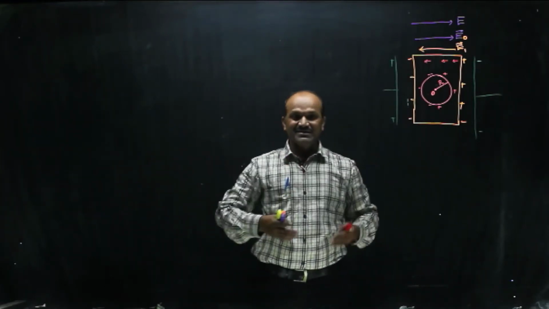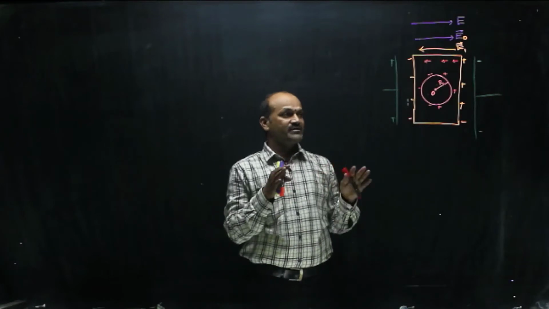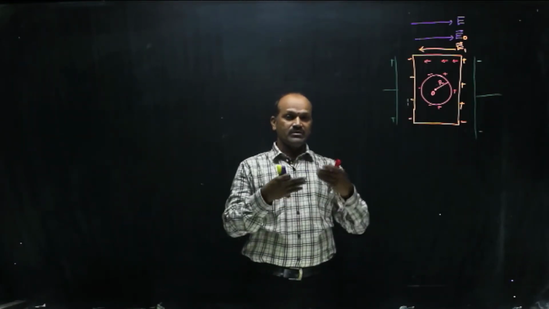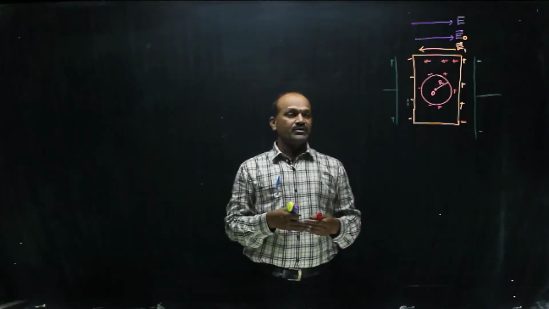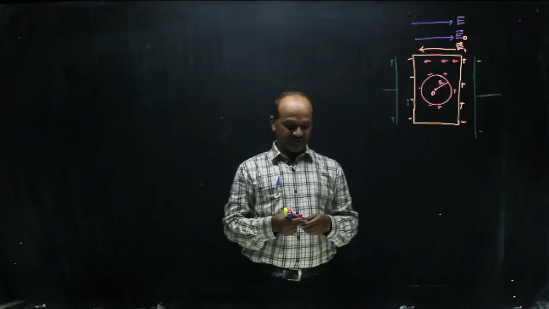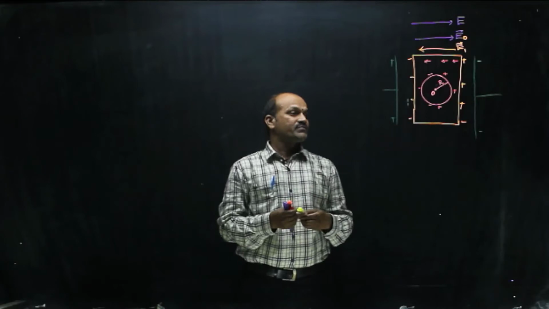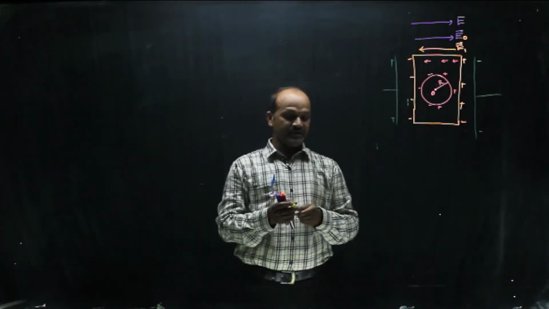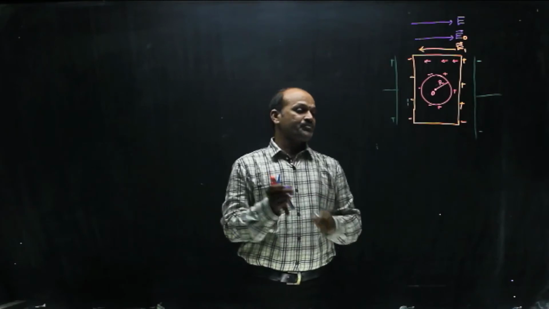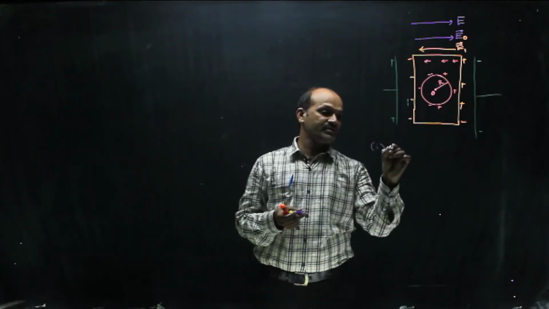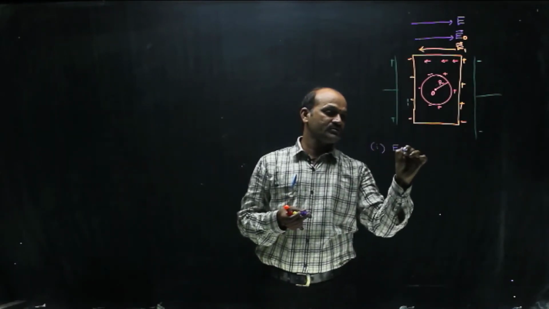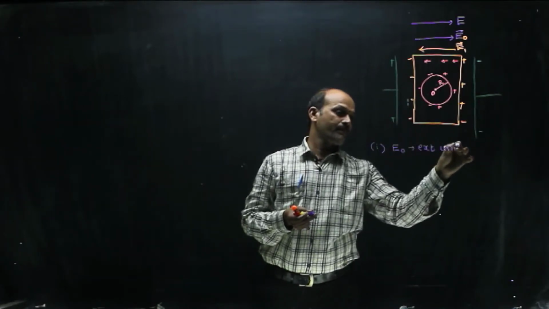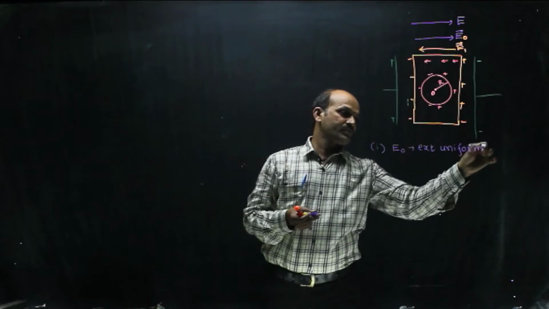To understand this clearly, let us divide the electric field intensity at O in 4 ways to solve this problem easily. The first is the electric field that we applied over there, E naught, the external uniform electric field.